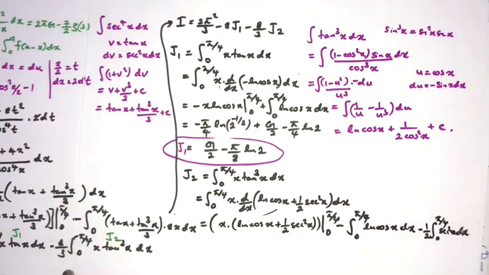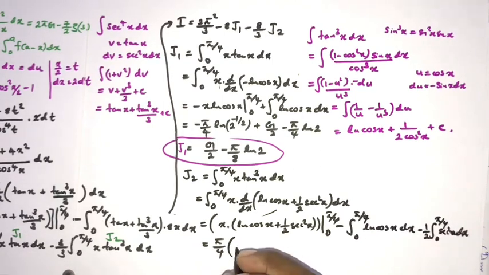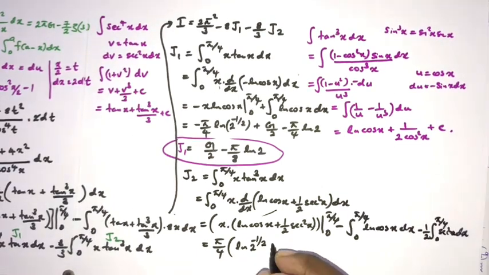Now if we apply the limits here, x is pi over 4, so pi over 4 times natural log of cosine, which we know is 1 over square root of 2, so 2 to the minus 1/2, then plus 1/2 secant square of x, which is 2.